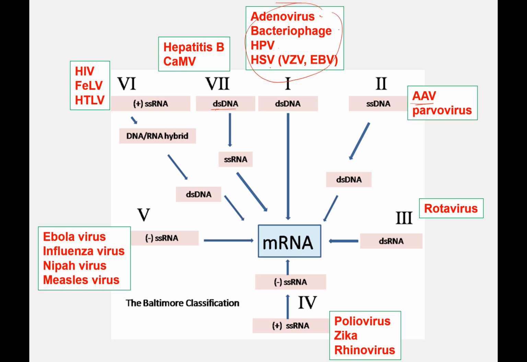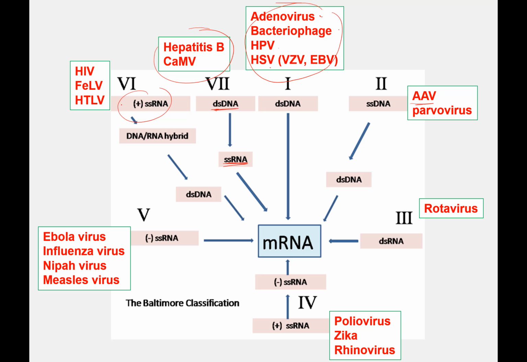Then we have some crazy double-stranded DNA viruses that actually make a single-stranded RNA intermediate in their replication. Examples of that are hepatitis B, and cauliflower mosaic virus, a plant virus, and the cauliflower mosaic virus promoter is the promoter used to make genetically modified plants.